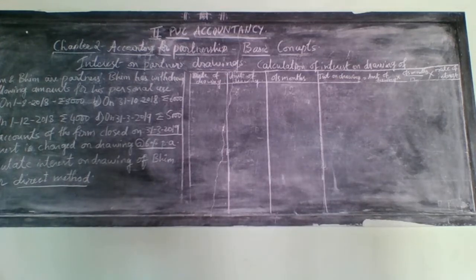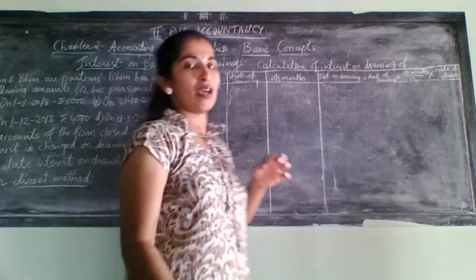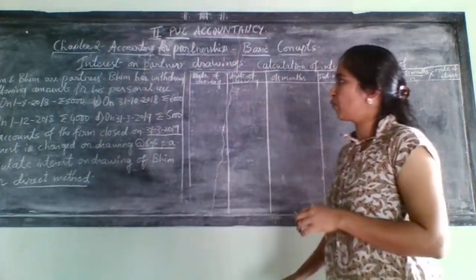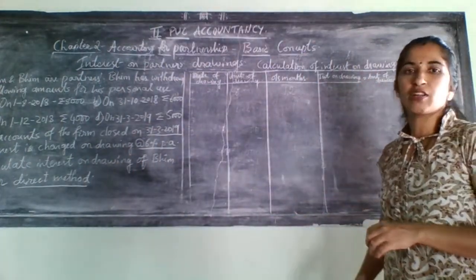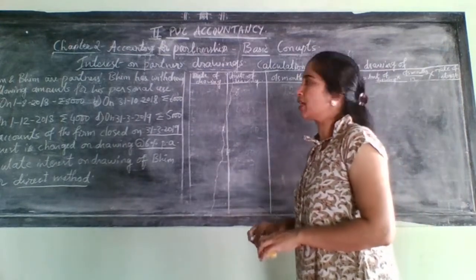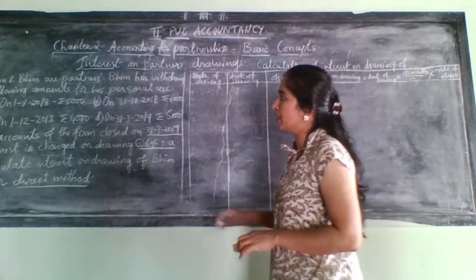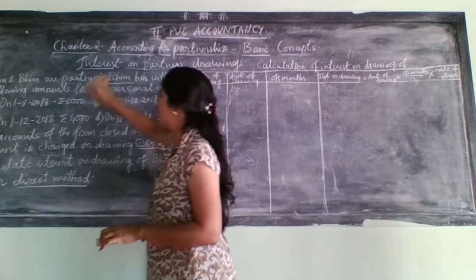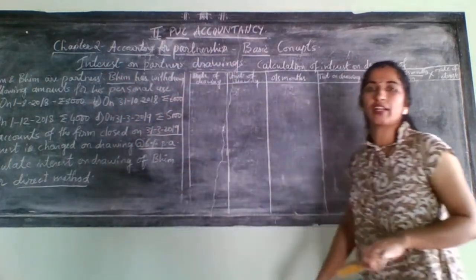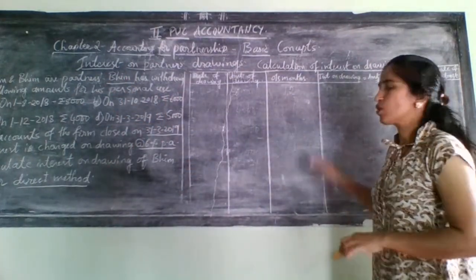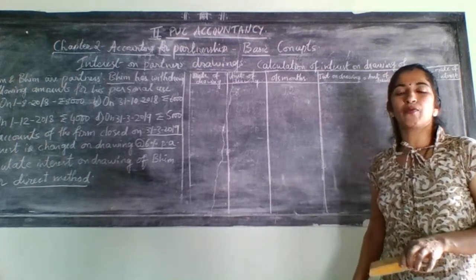Under direct method. So two partners here, but among the two, the amount of drawing is given for only one partner. Who's that partner? That is Beam. So we need to calculate interest on drawing of whom now? Beam. So first thing, to do the problem, what we need to write?